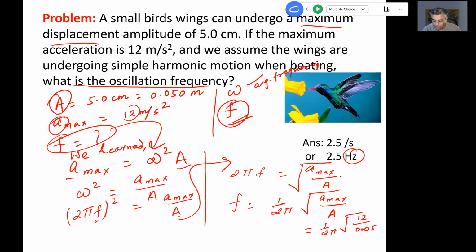So that's how we can model oscillating things in simple harmonic motion and use those equations we wrote in the last slide, which I said was a very important slide, okay? If you understood that slide, that means you learned the kinematics of the oscillatory motion.